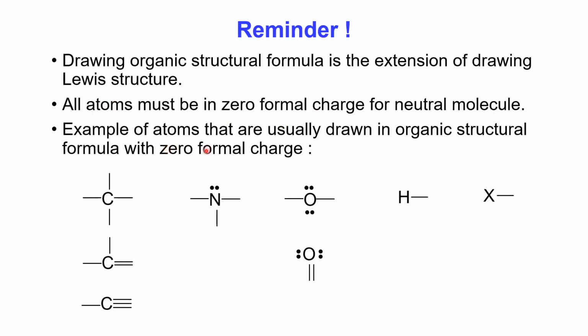Examples of atoms that are usually drawn in organic structural formula with zero formal charge are carbon, which has 4 covalent bonds, nitrogen, oxygen, hydrogen, and X, which is a halogen atom, an element in group 17, carbon with single bond and double bond, carbon with single bond and triple bond, and oxygen atom.